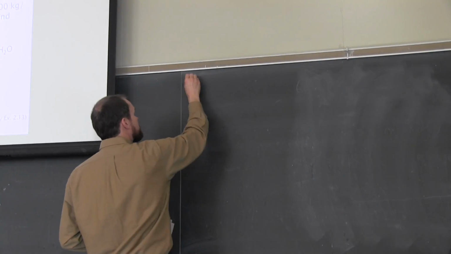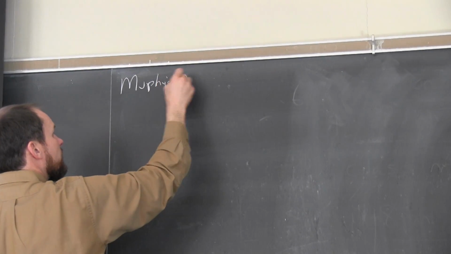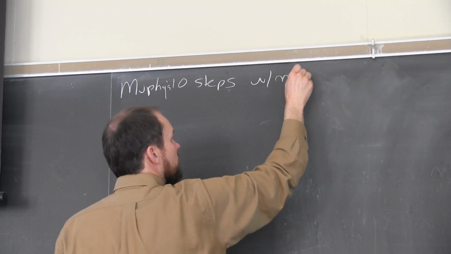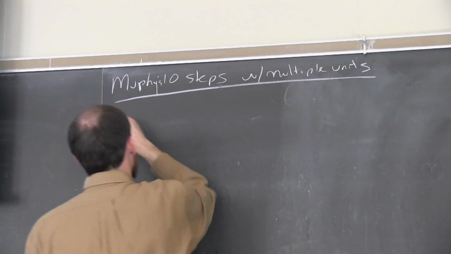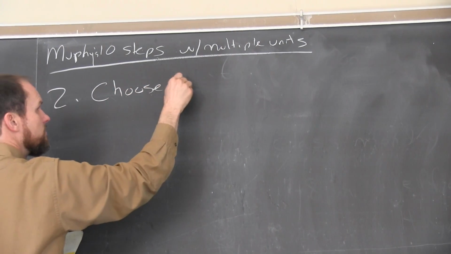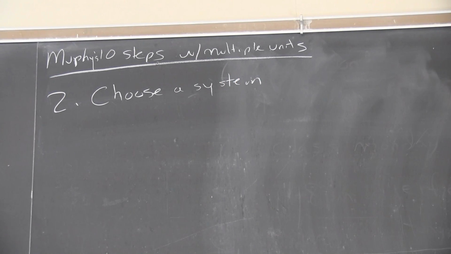So we have Murphy's 10 steps with multiple units. Step 2, choose a system. This step is a little different than what we've done before, so I'm going to write out some of the system steps that changed.